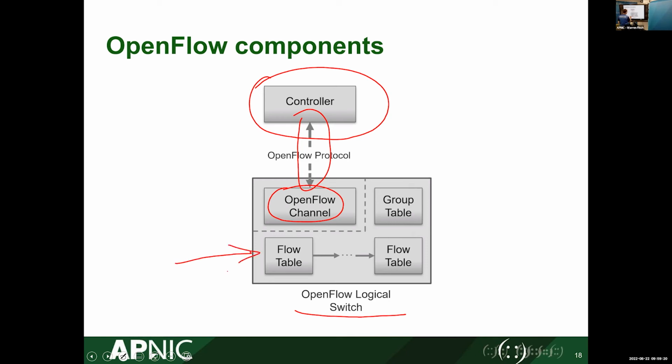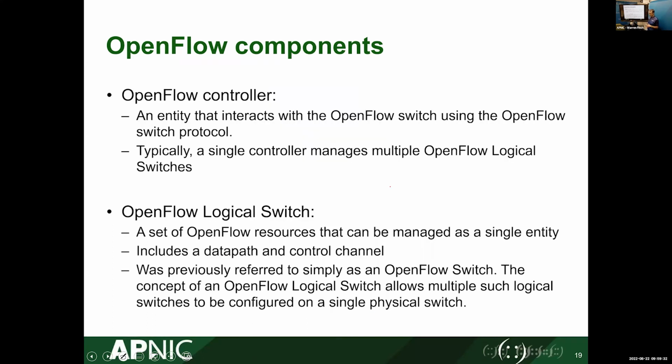We've got our packets that come in, and it's going to create these flow tables. Now, there may also be a group table, and we won't go into it in much detail today, but it allows us to group some of our actions. So the Openflow controller is the interaction between the Openflow switch and the Openflow switch protocol.